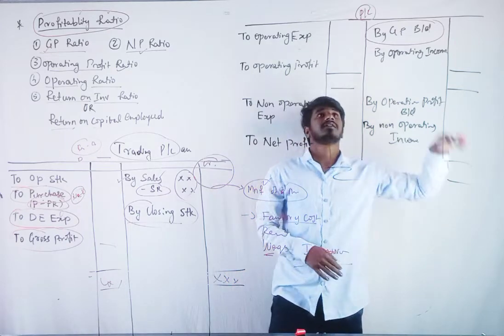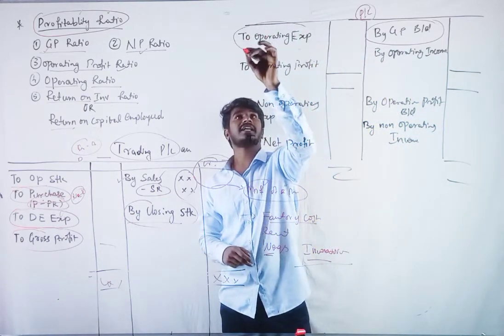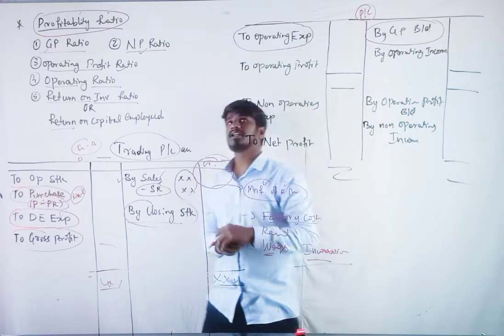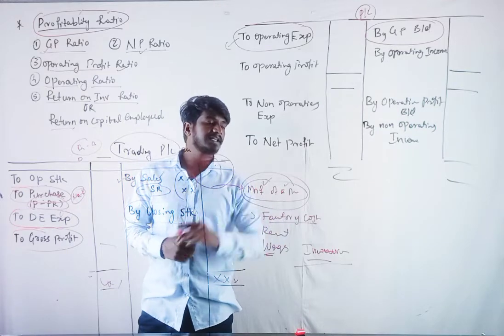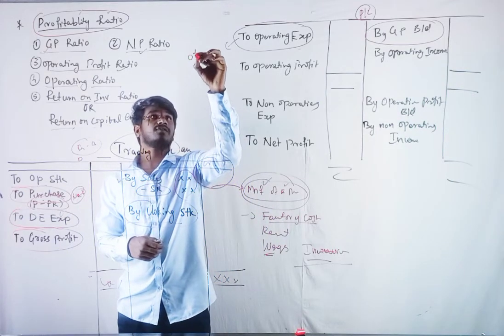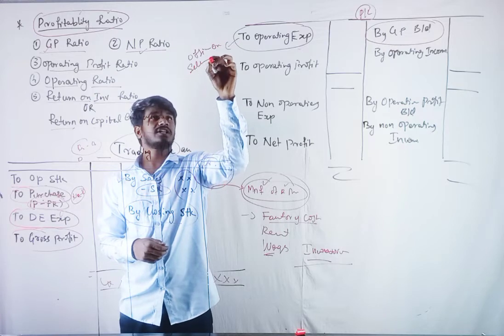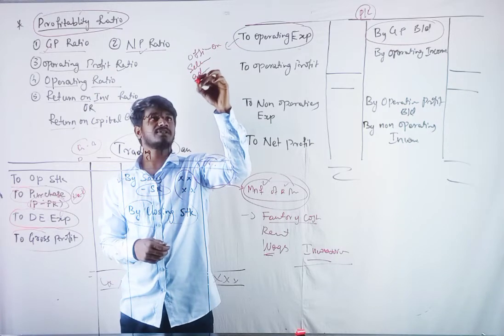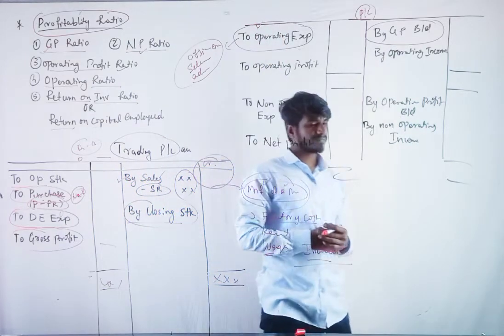And then in the P&L account we have operating expenses. So operating expenses means other than factory expenses, it may be office expense or selling and distribution expenses, administration expenses, like these expenses we will debit in the P&L account.